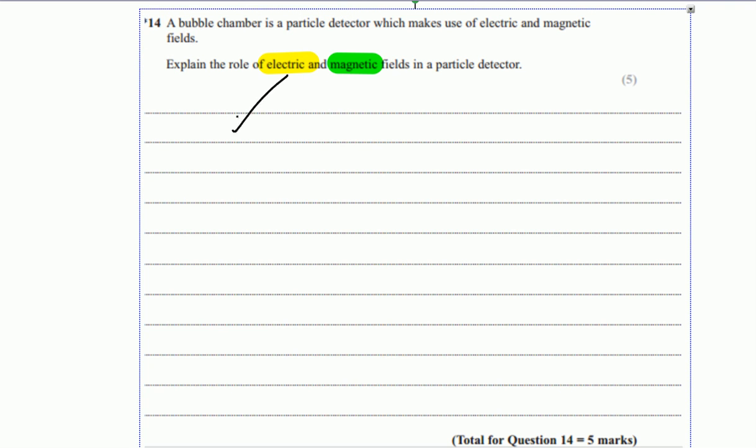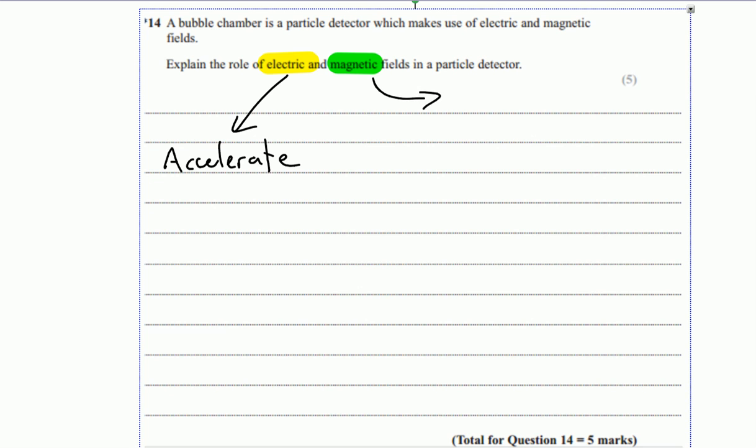For electric fields, what are we doing with electric fields? They accelerate. So the electric field's there to accelerate.